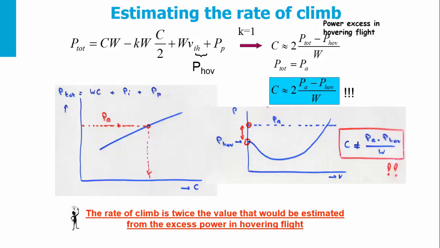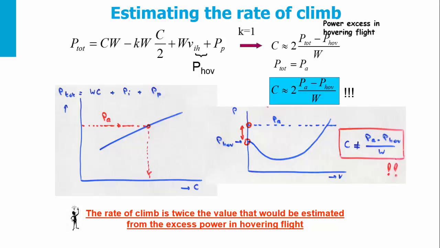Now, estimating the rate of climb. The total power is the power to climb plus the induced power and the profile power. Now, if we assume K, the loss coefficient, of 1, you would see that the rate of climb is actually twice the total power minus power to hover, divided by the weight.